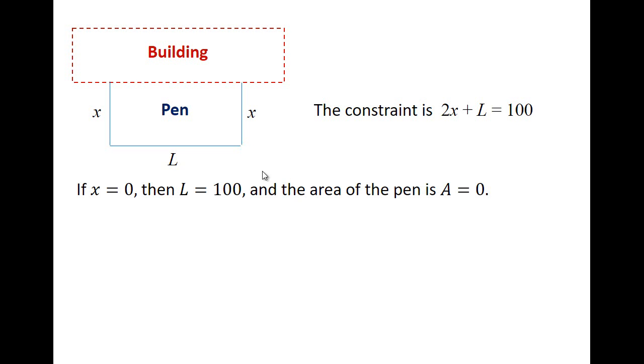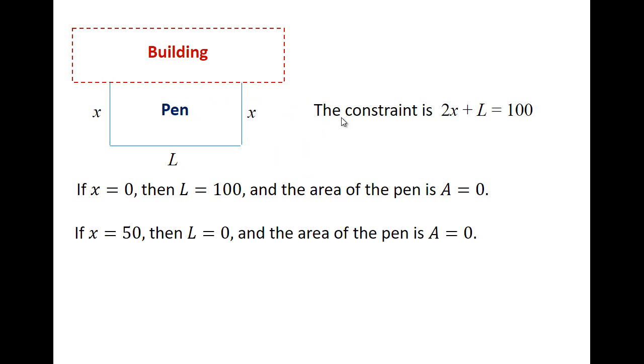If I pick x to be 0, then L is 100, and of course the area of the pen is just 0 because x is 0. So pretty much we are creating a pen with just one side, which is going to enclose 0 area. Imagine that you put the entire fencing by the building.